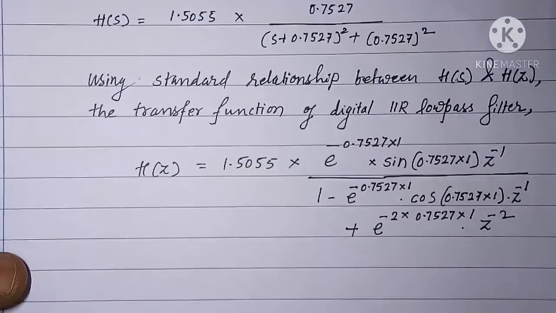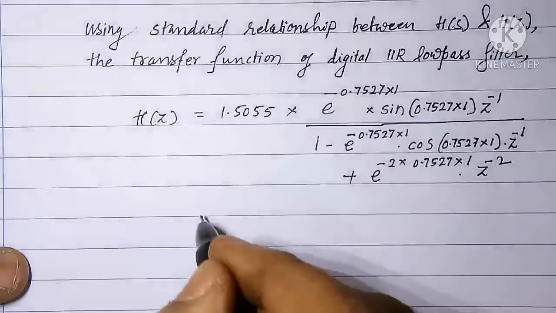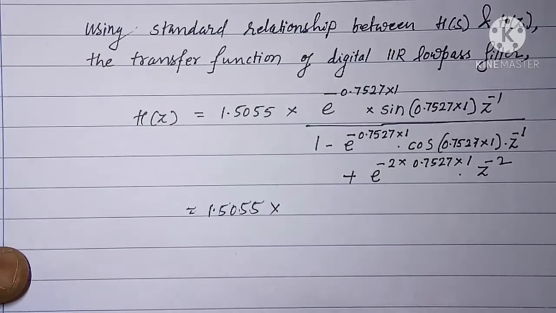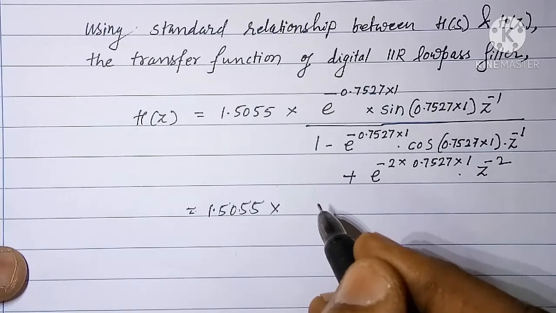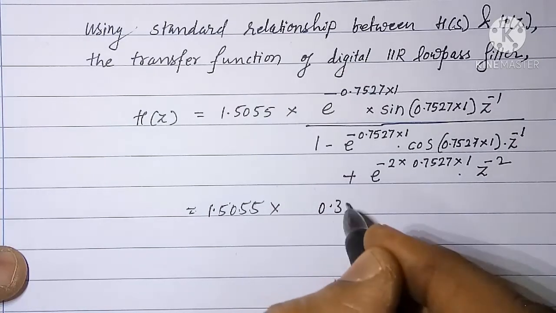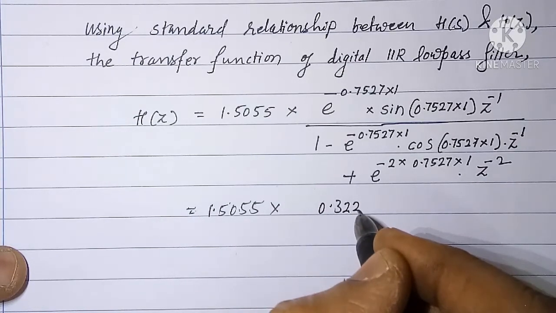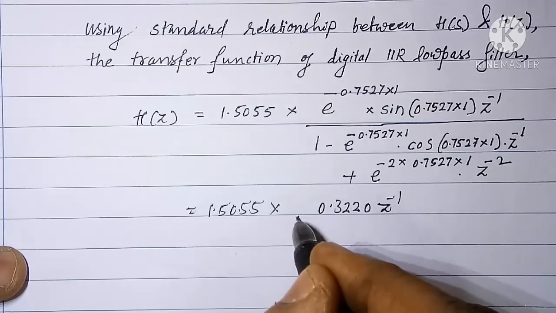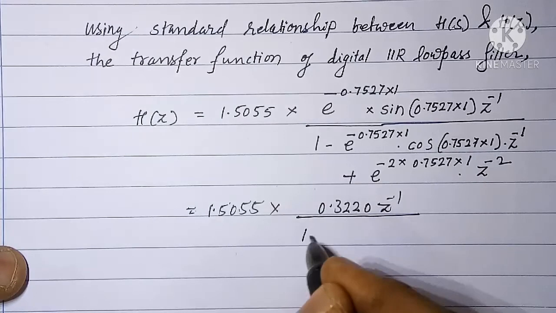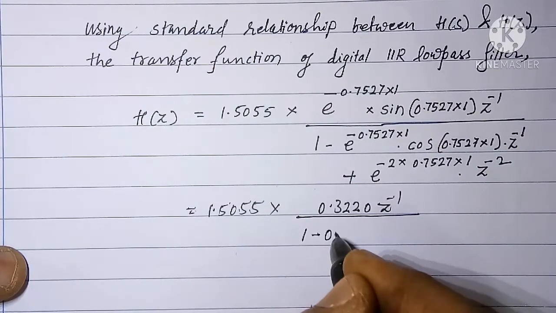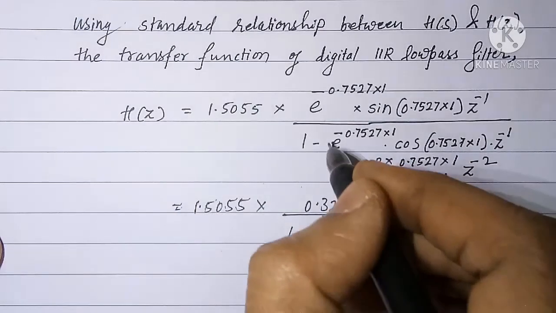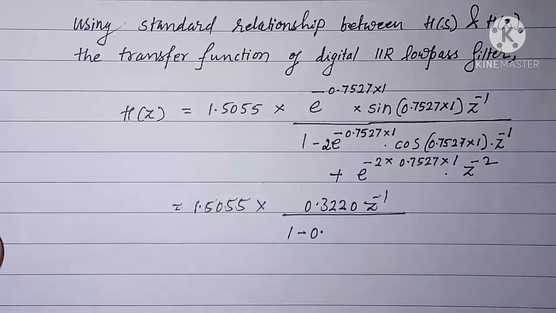On simplification, we get 1.5055 into 0.322 z raised to minus 1 whole divided by 1 minus, here I have missed 2, so just I will enter 2 here, right?